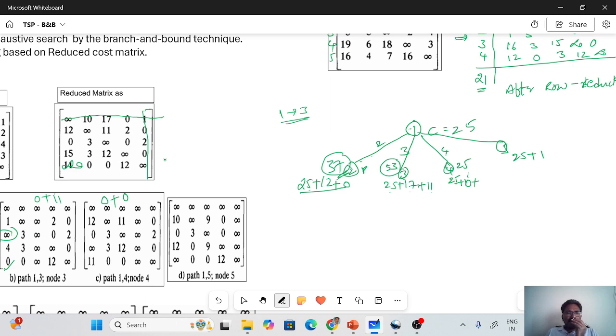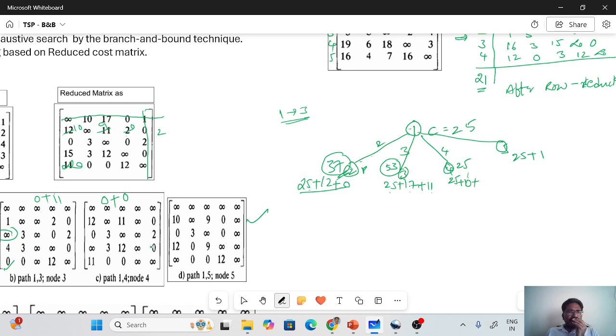Now observe the rest of the things. What is the minimum here? 2. What is the minimum here? 0. Minimum 0. Minimum 0. So now update this one: 10 9 0, like this one.